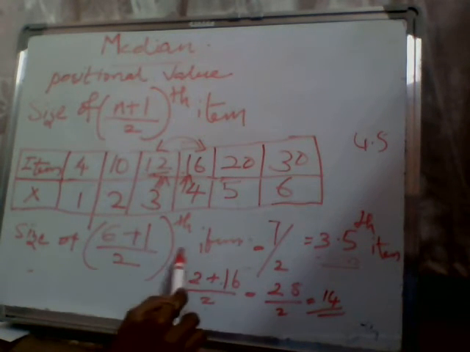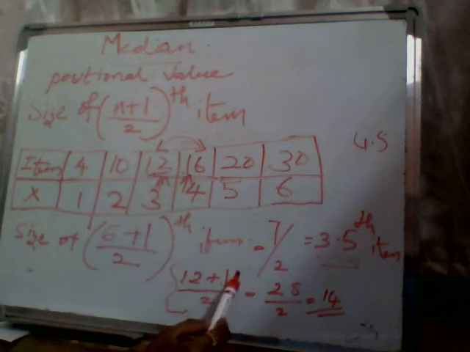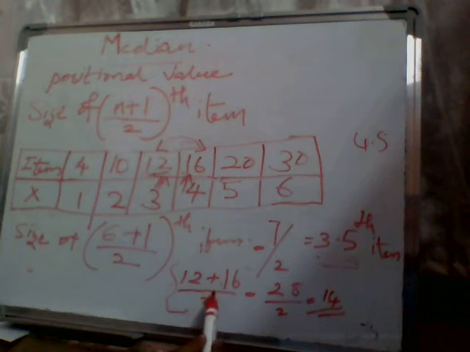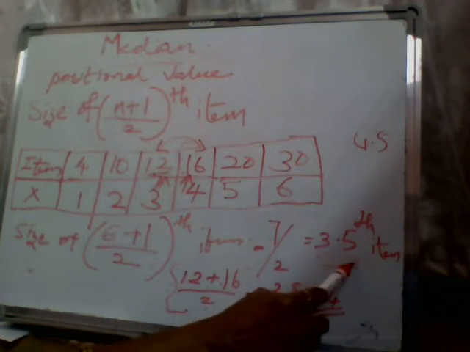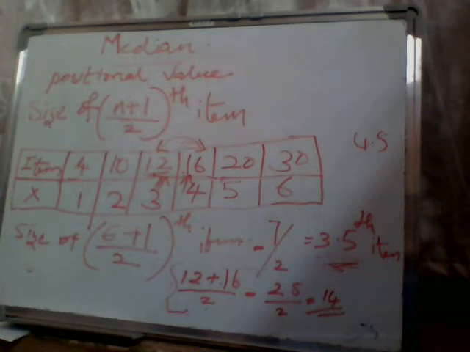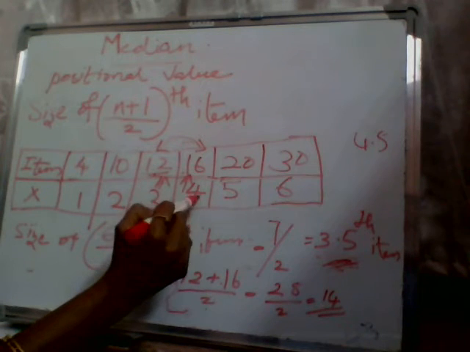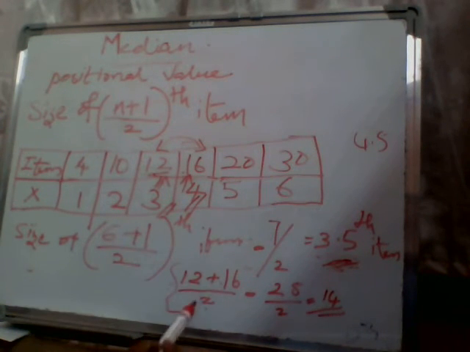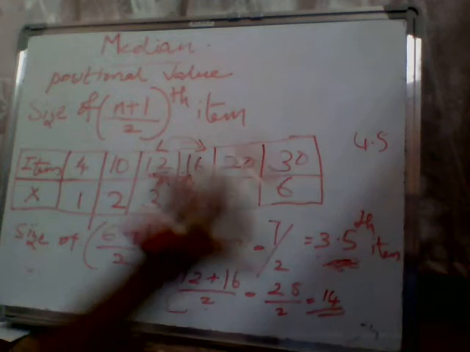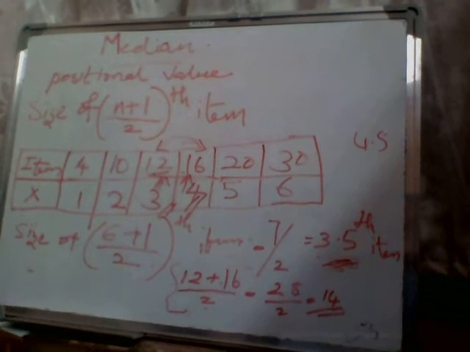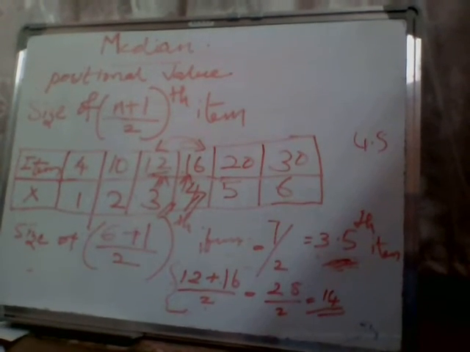We need to add the values, like fifth and sixth or third and fourth, and divide by 2, meaning we take the average of these values. Then we get the average of the third item and fourth item, the answer 14. This is the median.